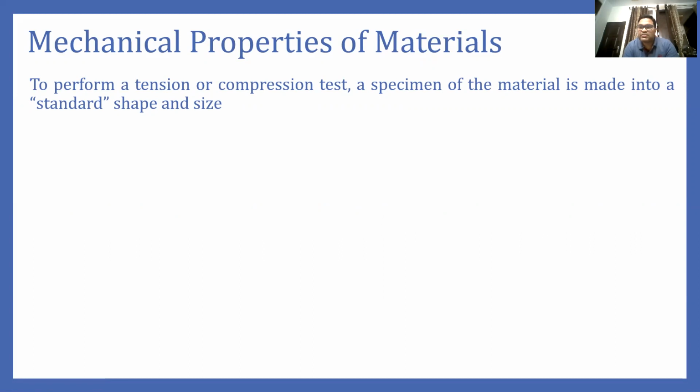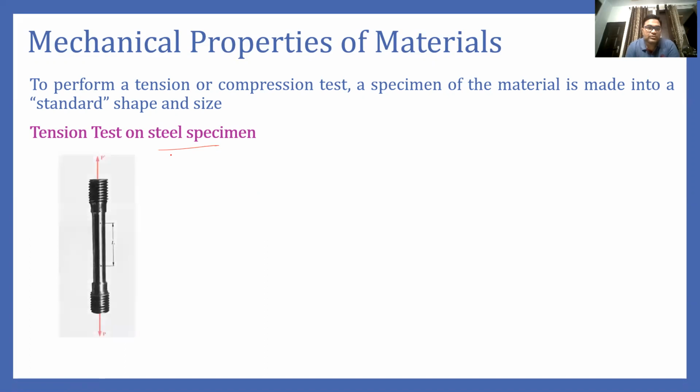In the tension test, first of all, we need to prepare a specimen. Here we will consider that we are conducting the test on a steel specimen. For conducting a tension test on a steel specimen, the specimen looks like this. You can see the specimen has enlarged ends.